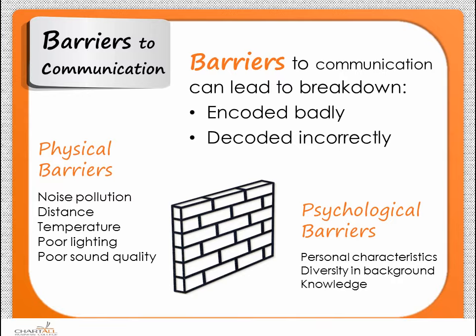For example, the culture and the customs and the values and the behavior that can make us prejudiced or biased. Our home language, our beliefs, our religion, our knowledge of what terms mean, our interest in the message being sent, could all complicate and create barriers for communication that will be effective.